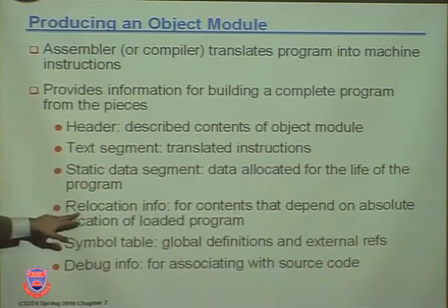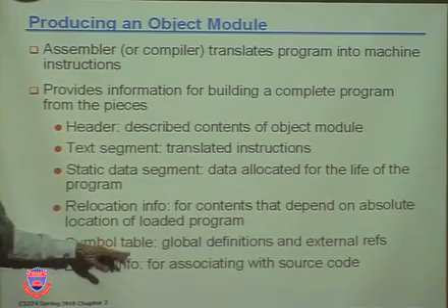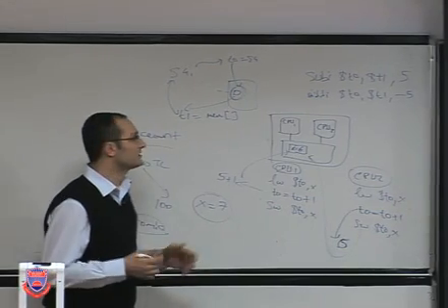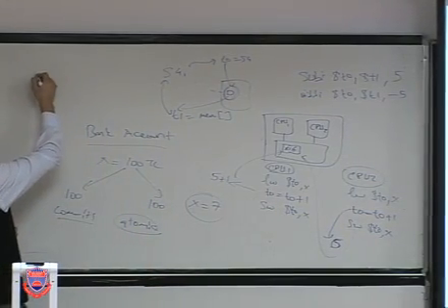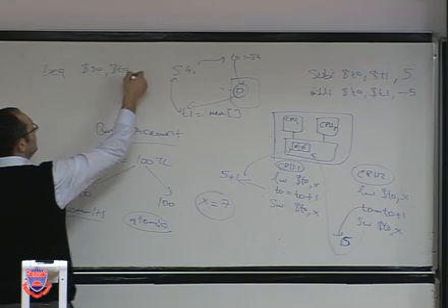And then relocation info, this is for the contents that depend on the loaded program's location. So you need to pay attention to relocation info. If the program is moved somewhere else, that's going to be updated. And then the symbol table, which defines the references. For example, let's say we said branch equal S0, T0, L1.